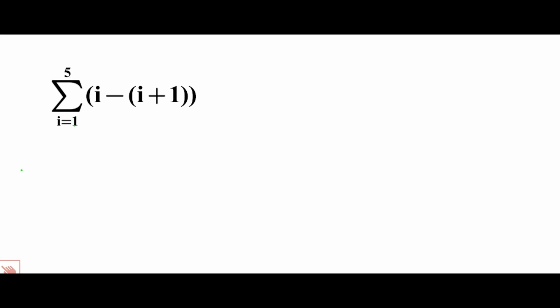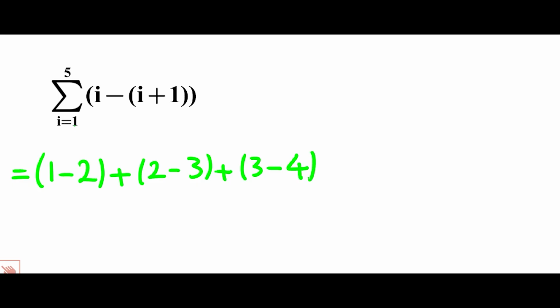When i equals 1, we have 1 minus 2, plus when i equals 2, we have 2 minus 3, plus when i equals 3, we have 3 minus 4, plus when i equals 4, we have 4 minus 5, plus when i equals 5, we have 5 minus 6.